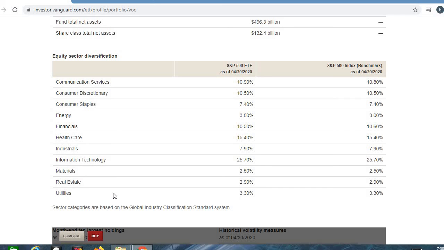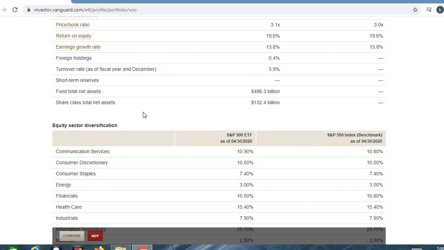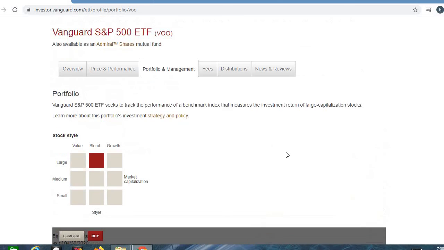The next largest one is healthcare, which has 15.4%. Its total net asset is $496.3 billion.